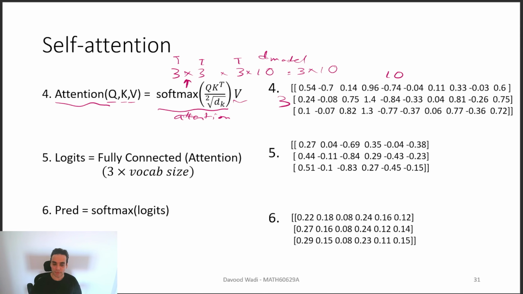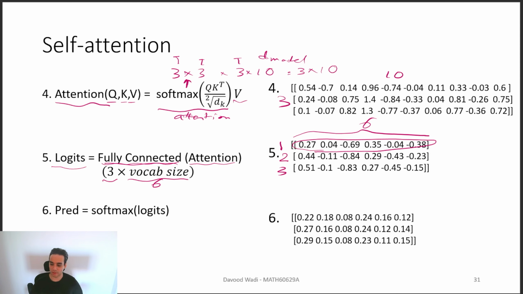Then the next step, to predict the probability for each word in the output, word 1, 2, 3 in the output, over the distribution of every word in the vocabulary, we'll use a simple fully connected layer. So we input our attention to this fully connected layer and create 3 by the vocab size, in this case 6. So the number of columns would be now 6.